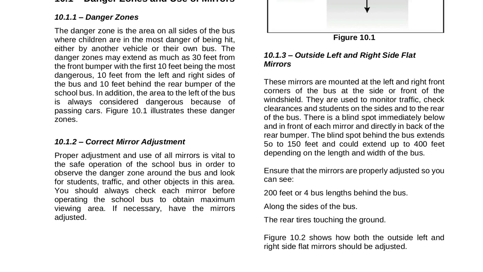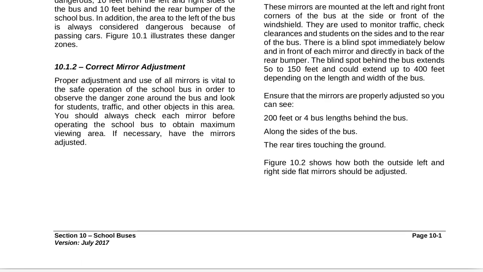There is a blind spot immediately below and in front of each mirror and directly in back of the rear bumper. The blind spot behind the bus extends 50 to 150 feet and could extend up to 400 feet depending on the length and width of the bus.